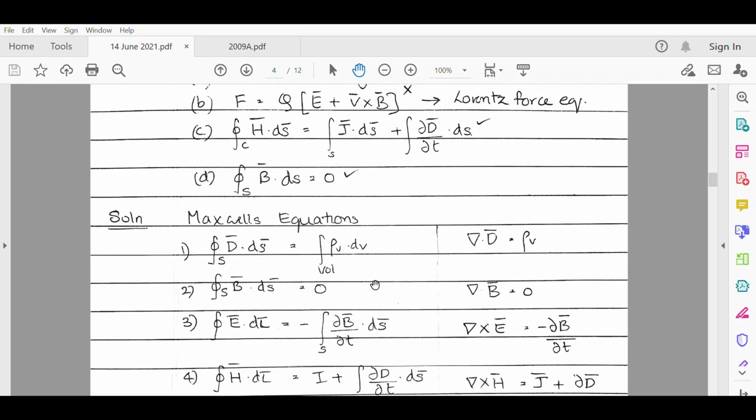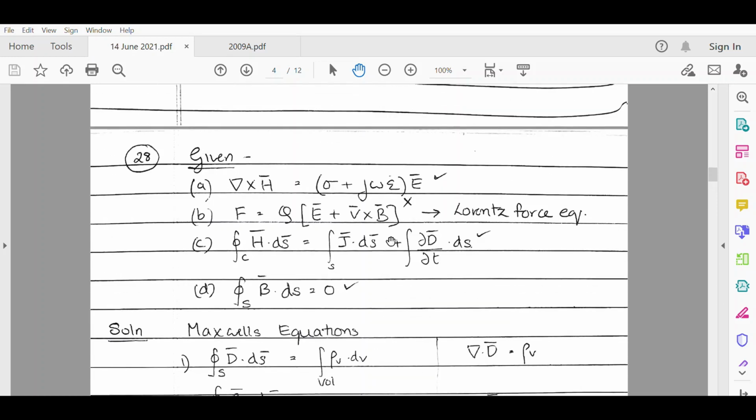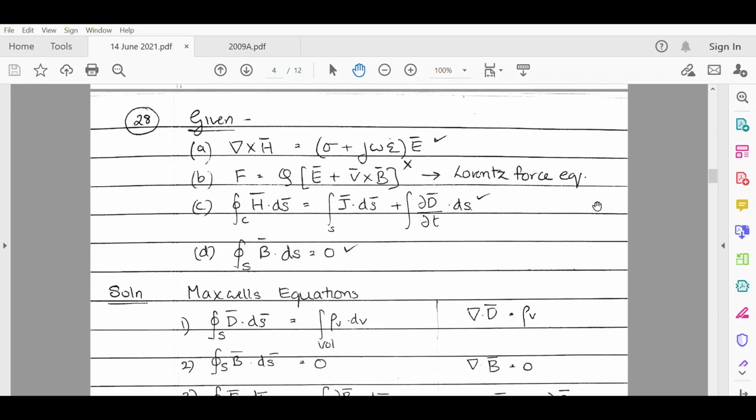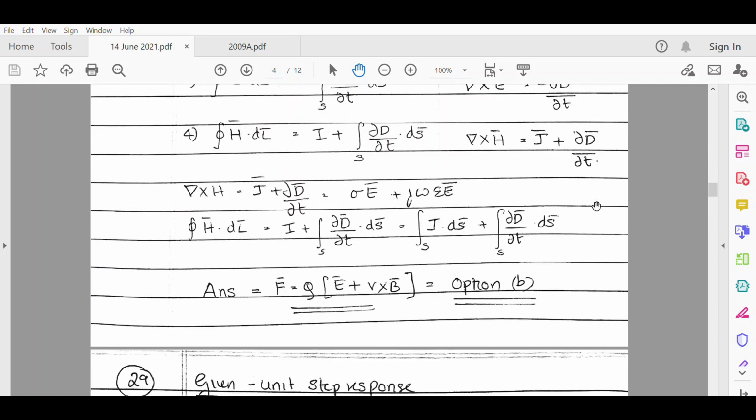So all these three, A, C and D, form Maxwell's equations, but the option B is not a Maxwell's equation, so the option B is the correct answer.